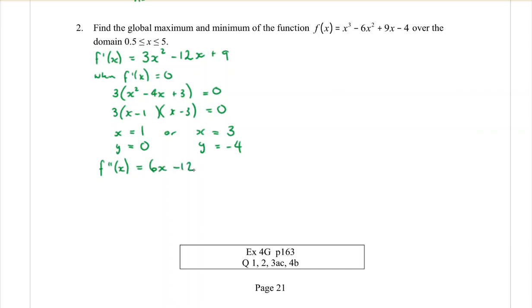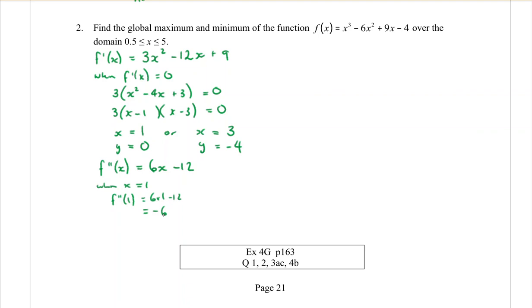And what I want to do is sub each of my x values into that. So the first one was when x is equal to 1. If I sub f double dash of 1, I'm going to get 6 times 1 minus 12. That is equal to negative 6.